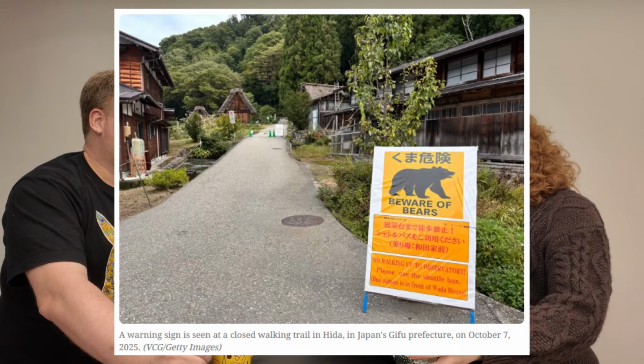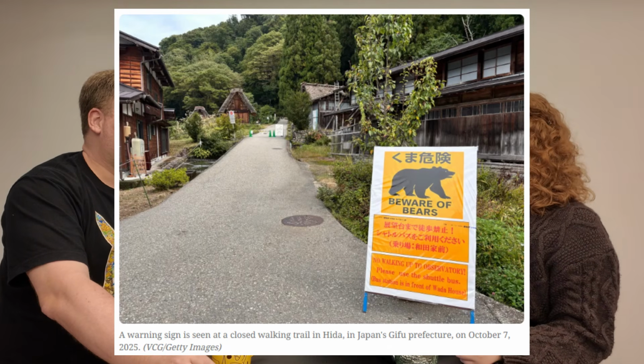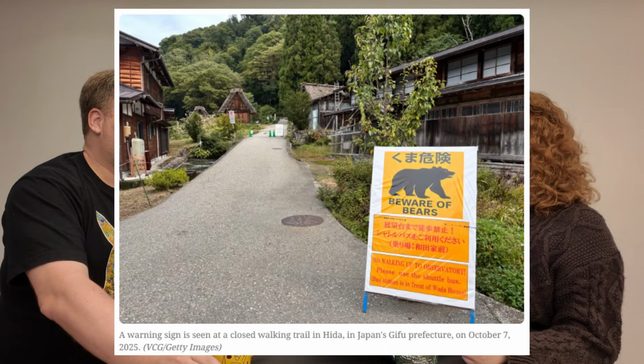We wanted to go to a shrine and graves of the royal family there, and there were these big, huge signs saying, "Don't go any further. There are bears here. You will be eaten." And I'm like, "No, you're supposed to go. It's open." And your mom was like, "We are not going any further." Yeah, she's like, "Well, I'm not going any further." So I'm like, "Oh, you're not going in." Yeah. That was a mistake.